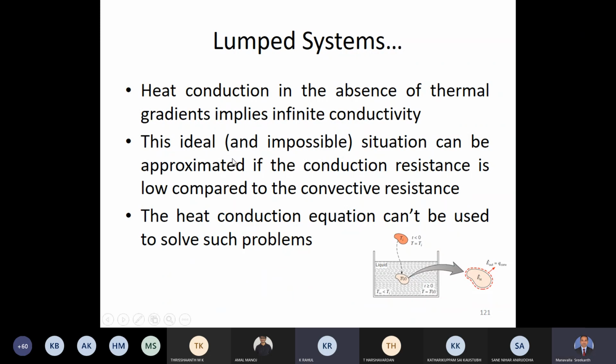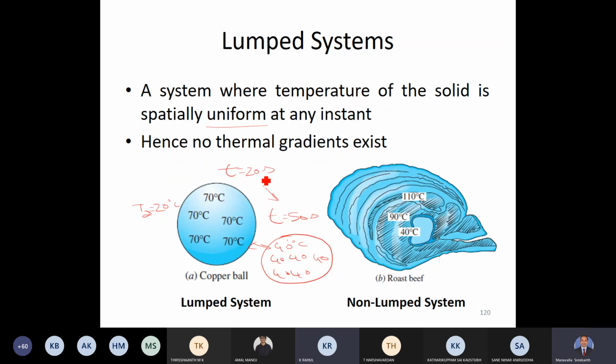Heat conduction in the absence of thermal gradient implies infinite conductivity. So these are some things which have infinite thermal conductivity. This is ideal, and infinite conductivity is impossible. This ideal and impossible situation can be approximated if the conduction resistance is low compared to the convective resistance. You see here, this object has a certain conductivity inside, and also a certain convection at the surface.